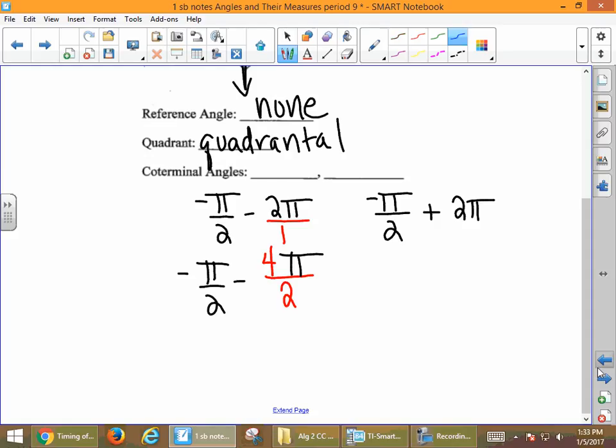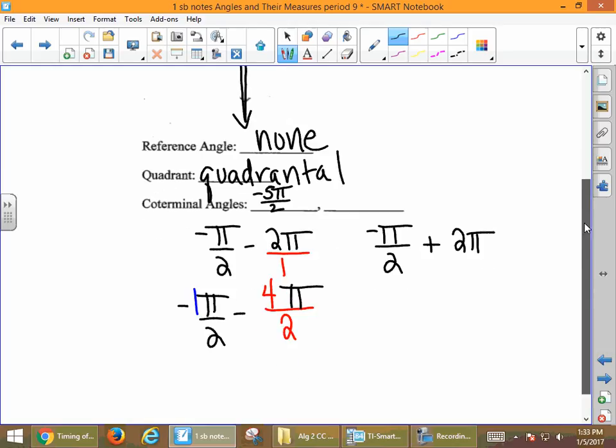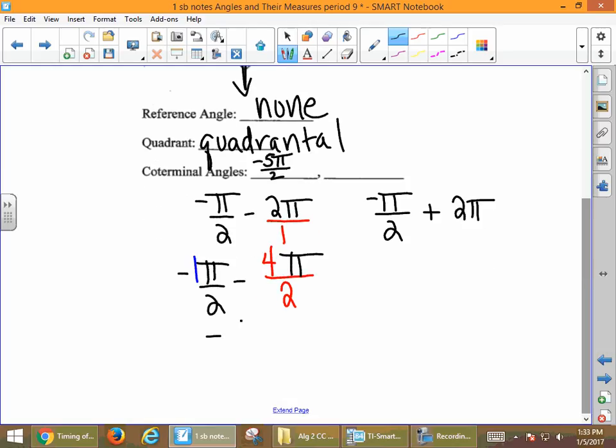If you prefer, remember that's negative 1 pi over 2 minus 4 pi over 2, which is negative 5 pi over 2. Let me write that underneath again so you can see it. Negative 5 pi over 2.